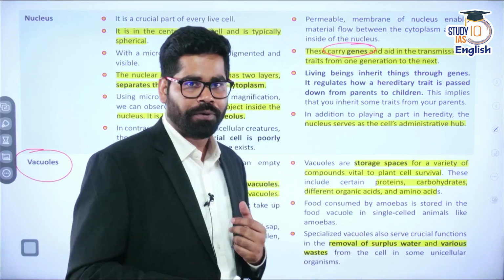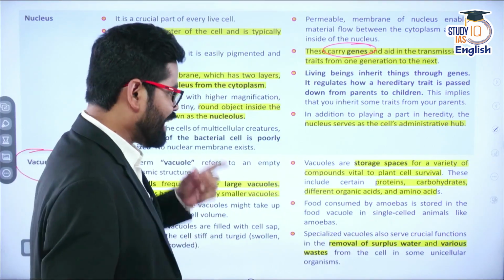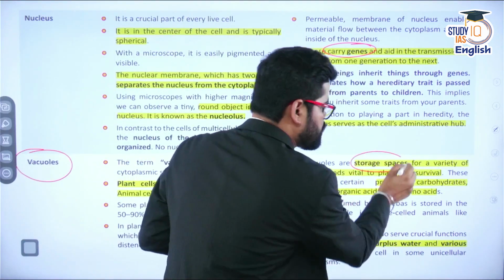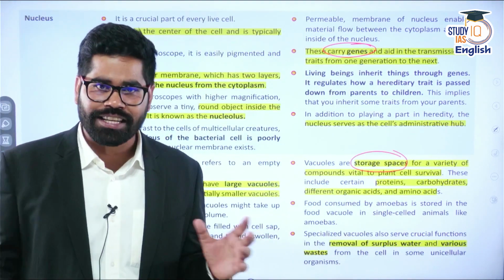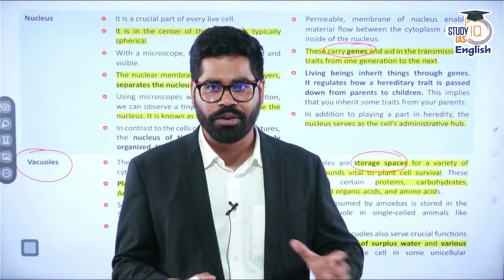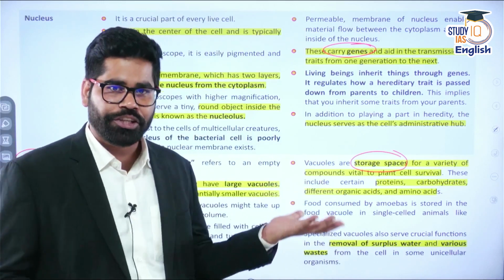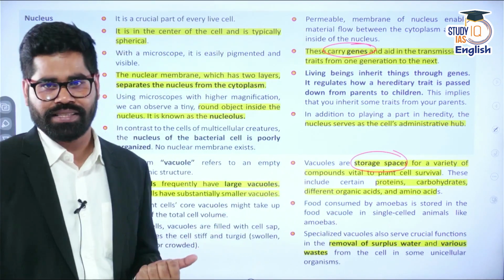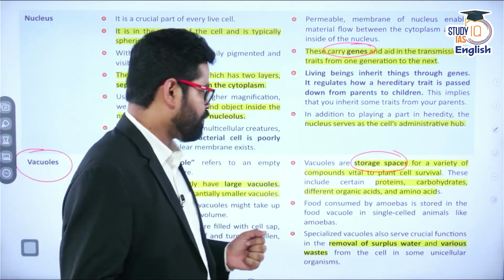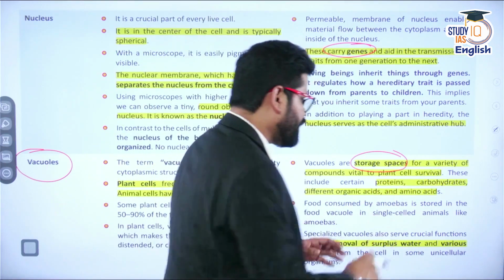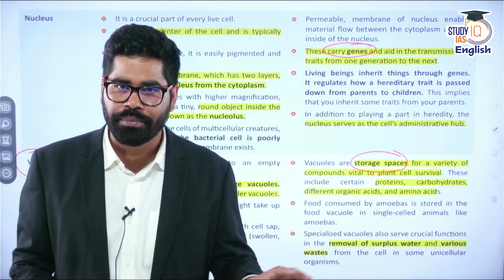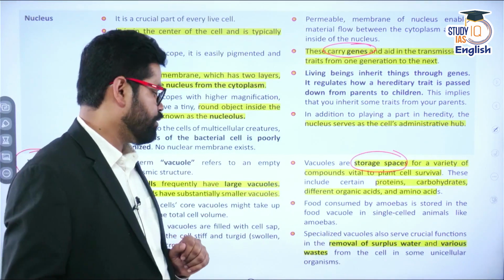What is their main role? They are basically a storage space. The various compounds which are required for the survival of the cell are kept in the vacuoles. They can have proteins, carbohydrates, organic acids, and amino acids present inside them.